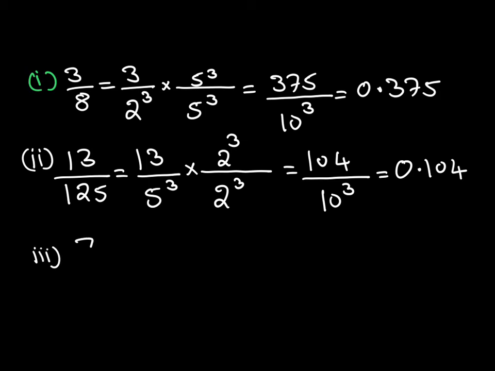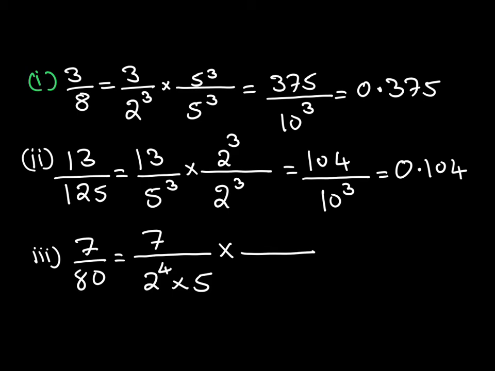Let's try 7 over 80. This can be written as 7 over the prime factorization of 80, which is 2 to the power 4 times 5. Now in order to make the denominator a power of 10, I have to multiply and divide by 5 to the power 3, so that we get 5 to the power 4, because we already have 5 to the power 1 over here.